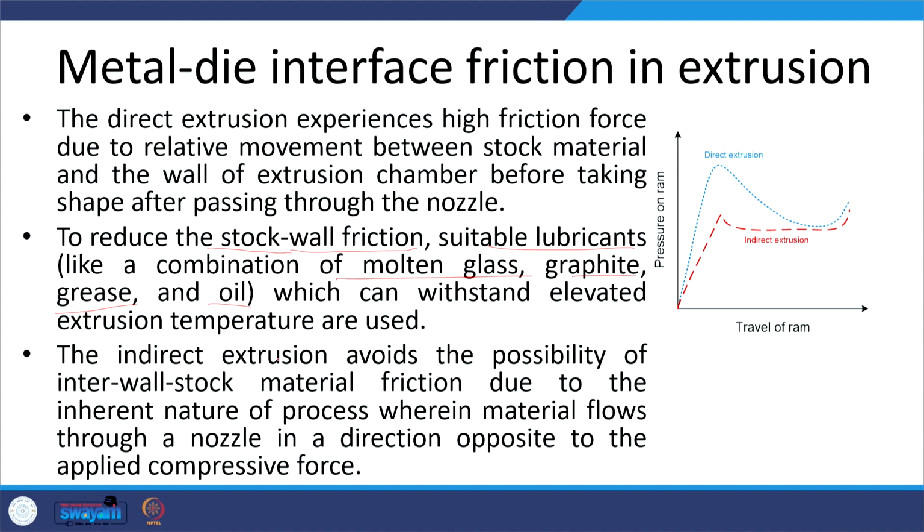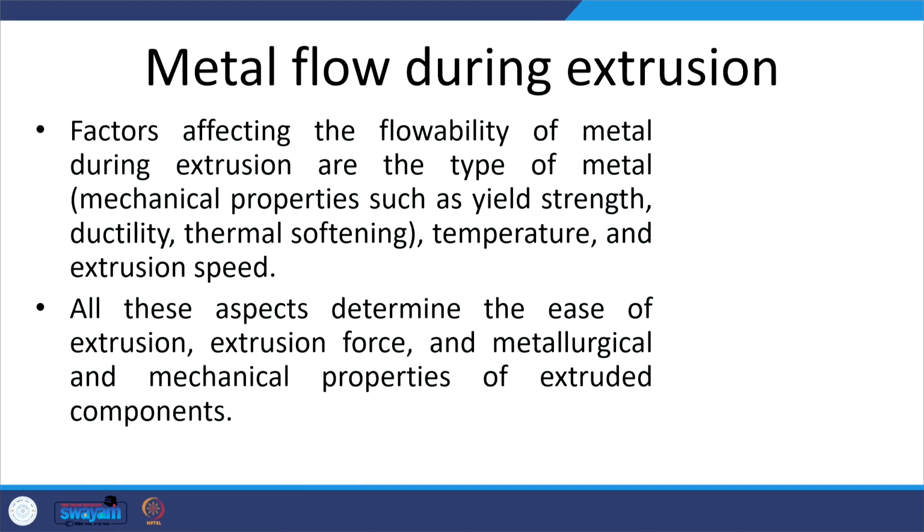Indirect extrusion avoids the possibility of stock material and wall friction due to the inherent nature of the process itself, wherein material flows through the nozzle in the direction opposite to that of the applied compressive force. So, this friction is absent, therefore it requires a lesser maximum compressive force to start the extrusion.